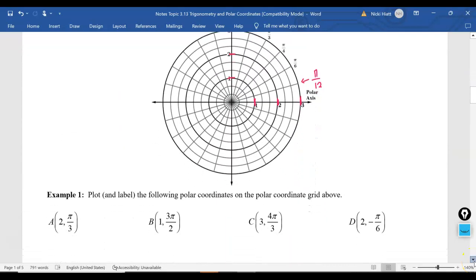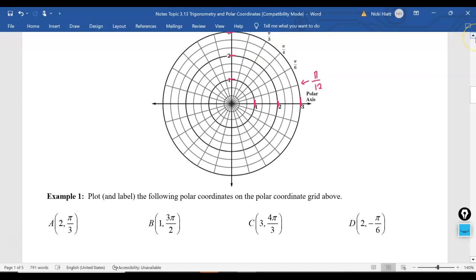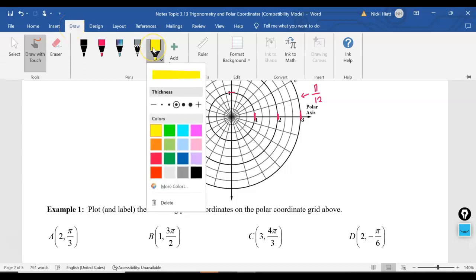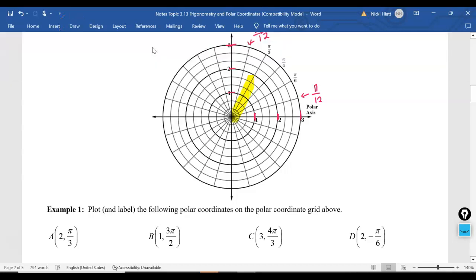I like to think about my angle first. So the first angle we're looking at is pi over 3. Pi over 3 is going to be this angle right here. And I'm going to continue that line all the way across.